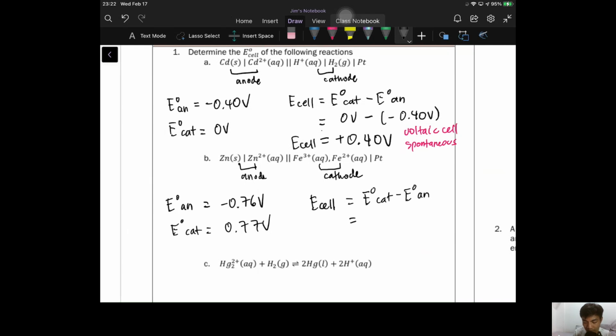Okay. That would be 0.77 minus negative 0.76 volts. Makakatamad mental eh. So the total voltage will be 1.53 volts. No? Okay. So since that is positive, yan ay voltaic and spontaneous yung reaction.